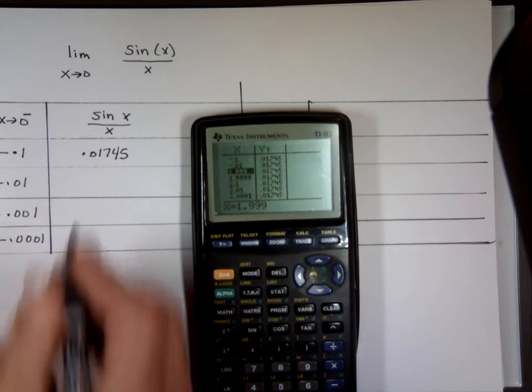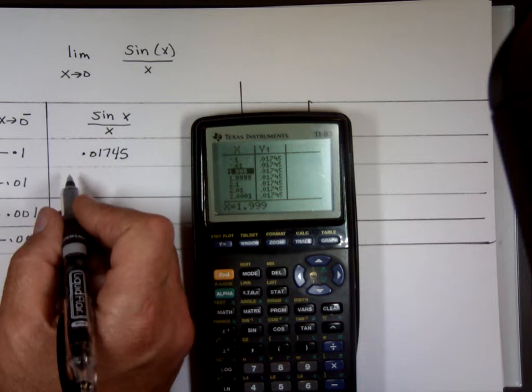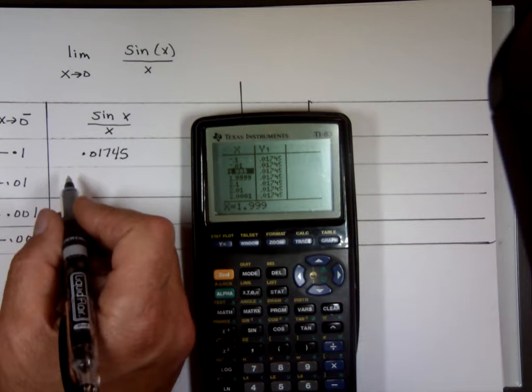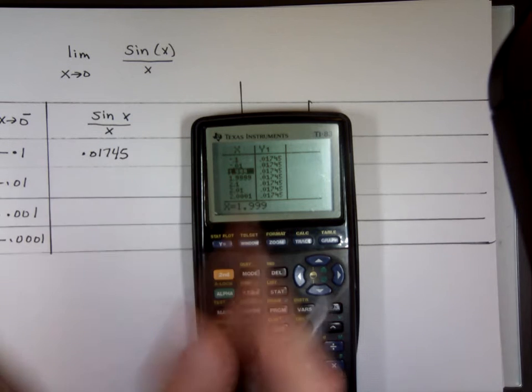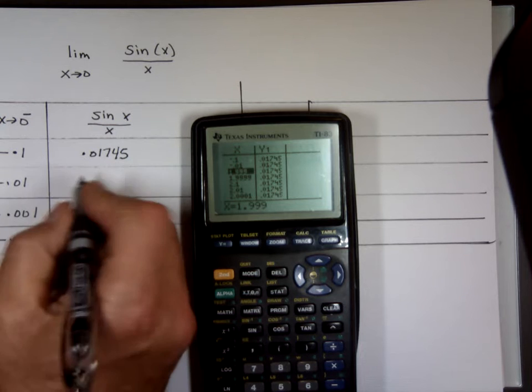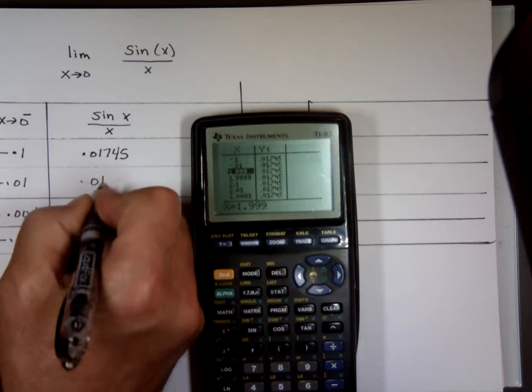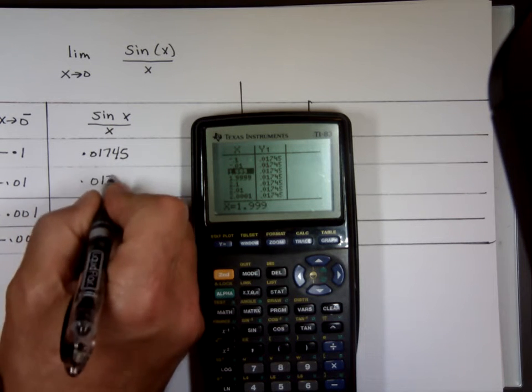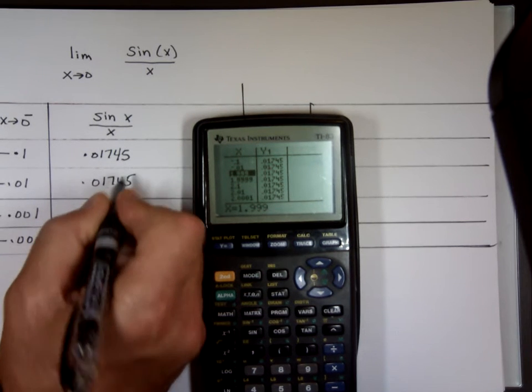Negative, what we got there? Well, the other ones I didn't do. This is the 1.99, all that, and these are the old ones. You can clear them. I don't know how to clear the whole table. I can do one at a time. So this one is 0.01745.